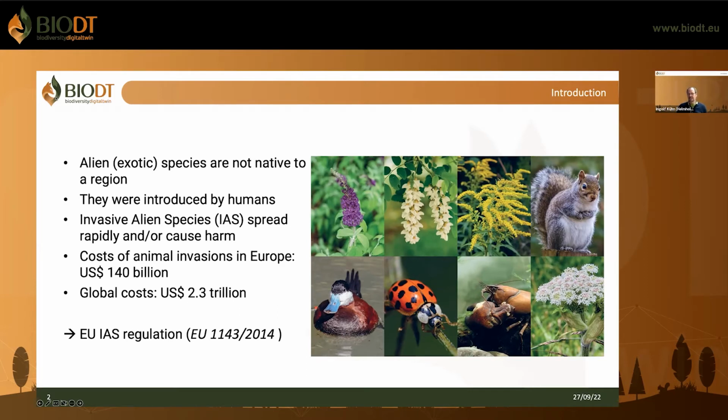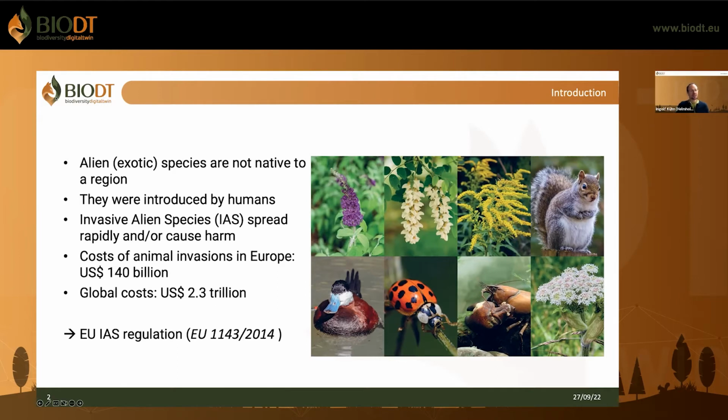Some of them can cause health harm. For example, ambrosia, which is extremely allergenic in its pollen, or the giant hogweed. When touching the giant hogweed and then being exposed to ultraviolet rays, it can cause severe skin irritations up to burns. And there are severe economic costs.